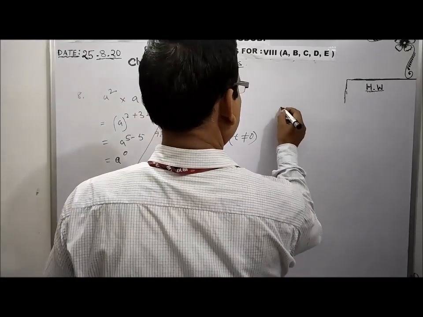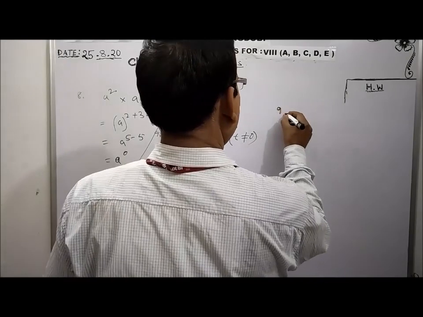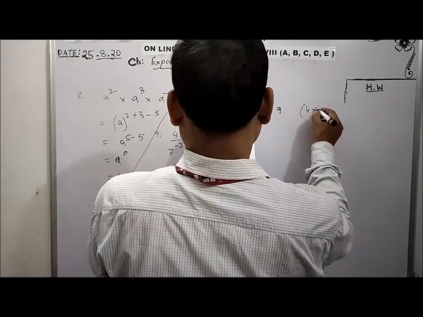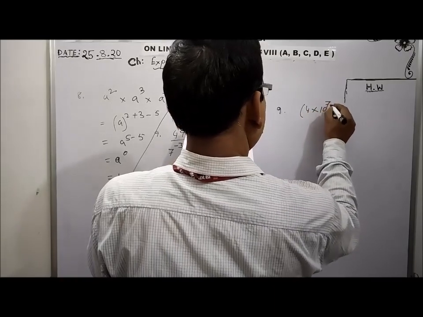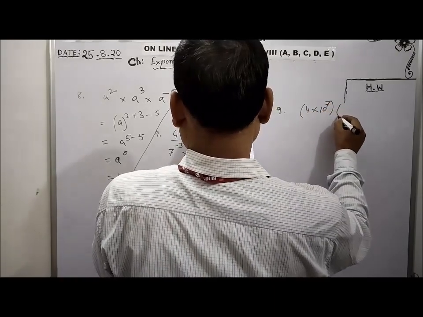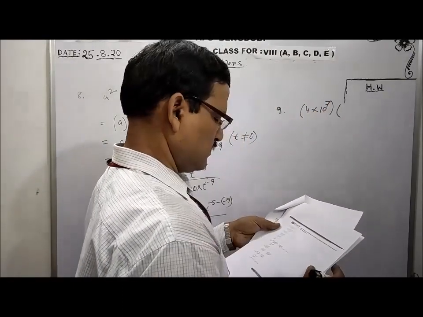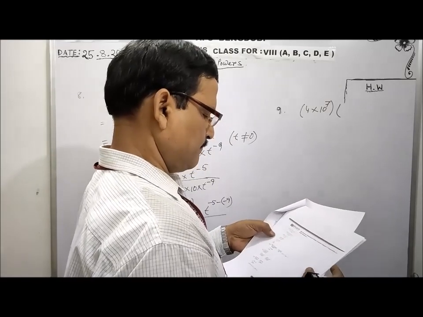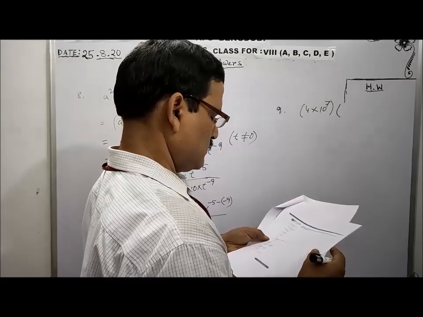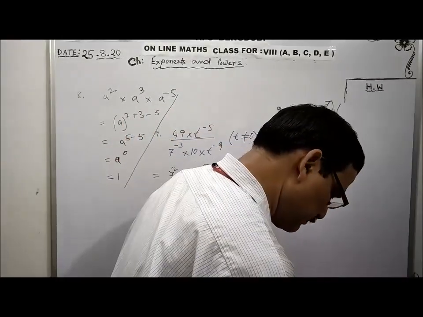Question number 9. 4 into 7 raised to 10 raised to 7 into 6. It is what? This question is given outside. Let me check it.